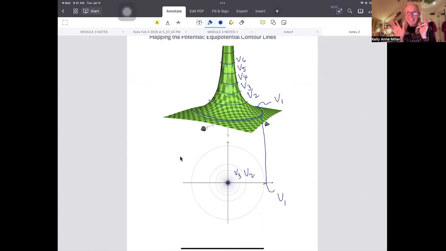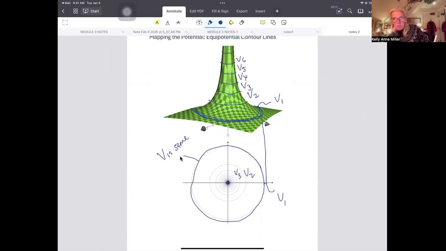The important thing to realize here is that all the way along this path and all the way along this line, because it's the same thing, just different representations of the same thing, the potential is the same, all the way around those contours. Each contour is at the same potential.